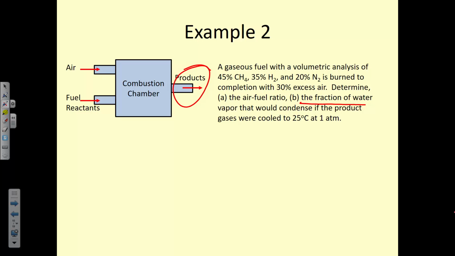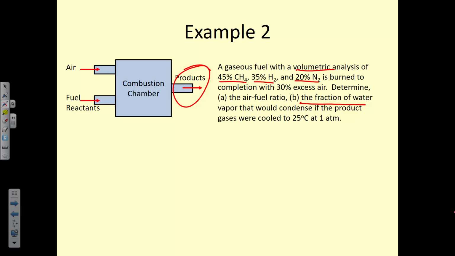In this case, it's 45% CH4, 35% H2, and 20% N2. And it's a volumetric analysis, which is good because we don't have to calculate the molar numbers for everything. We can just use those volume percentages in our equation as molar fractions if we assume it's 1 kilomole of fuel.